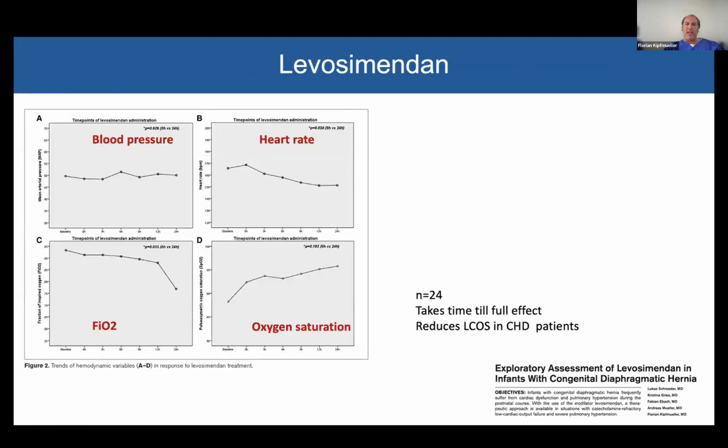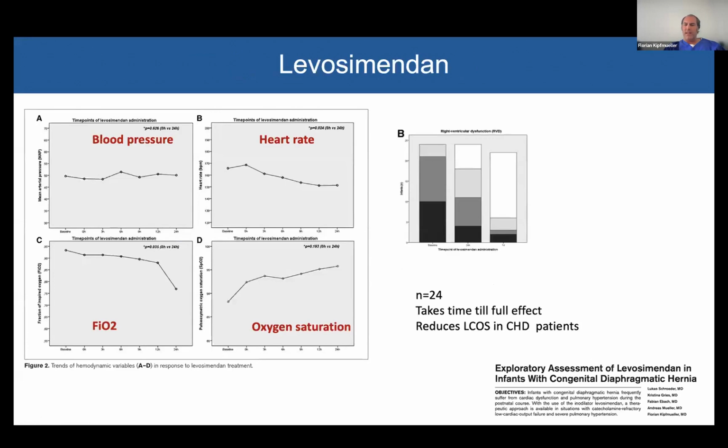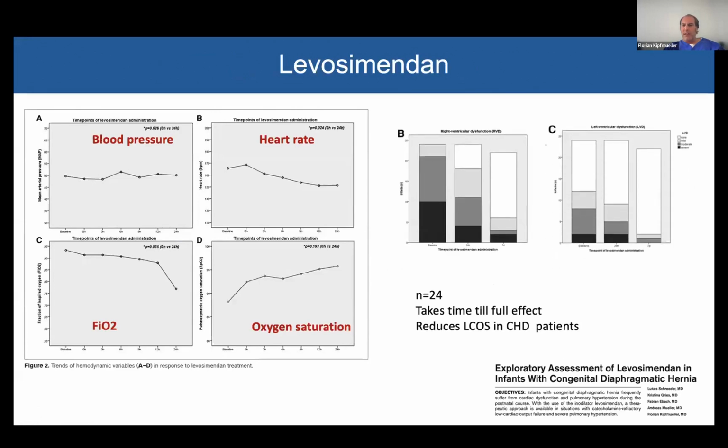So here's some data on levosimendan. It has been published, so you can read it. It is associated with improved oxygenation within the first 24 hours after starting the medication. In my experience, the babies remain pretty stable during the infusion. We skip the bolus that has been described somewhere in the literature and start on a baseline infusion rate.